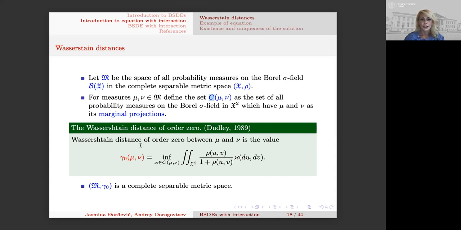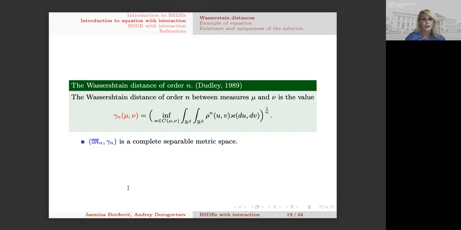Then the Wasserstein distance of order 0 is given with the infimum over this double integral, where M and gamma 0 is a complete separable metric space. And similarly, the Wasserstein distance of order n is defined with this expression, and together with M_n, this also is a complete separable metric space.